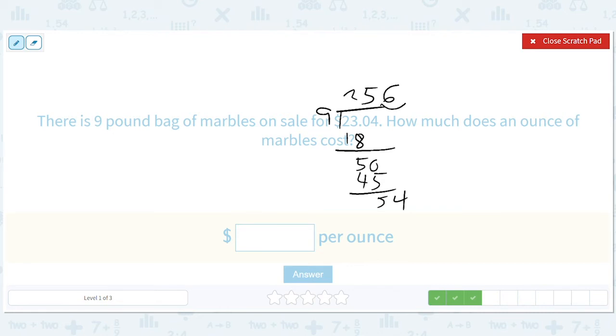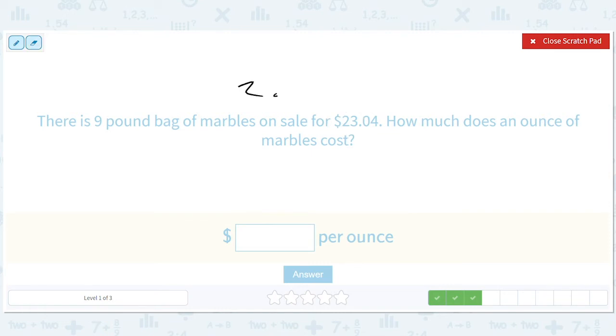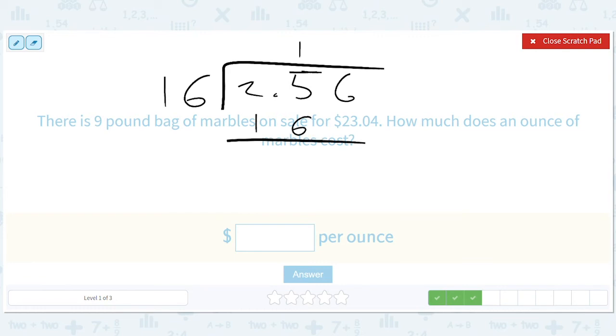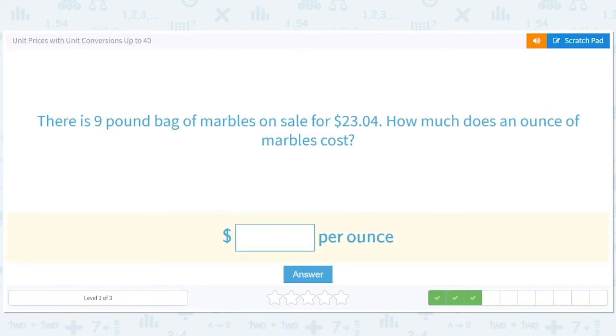So it'll be $2.56 per pound. But then we have to divide by ounce. So there's 16 ounces. So we put a 1 here, a 16 here, a 96. So that's another 6 times 16 is 96. We have 2 decimal places. So it should be 16 cents per ounce.